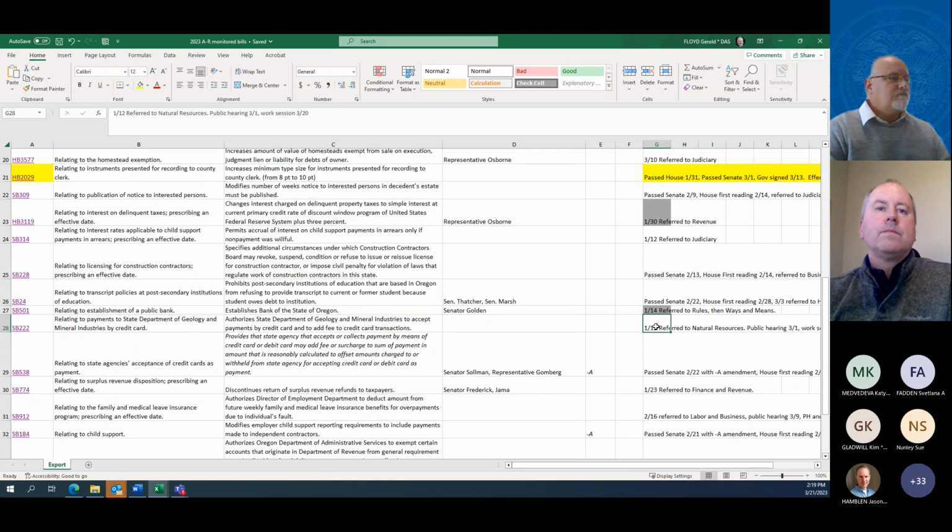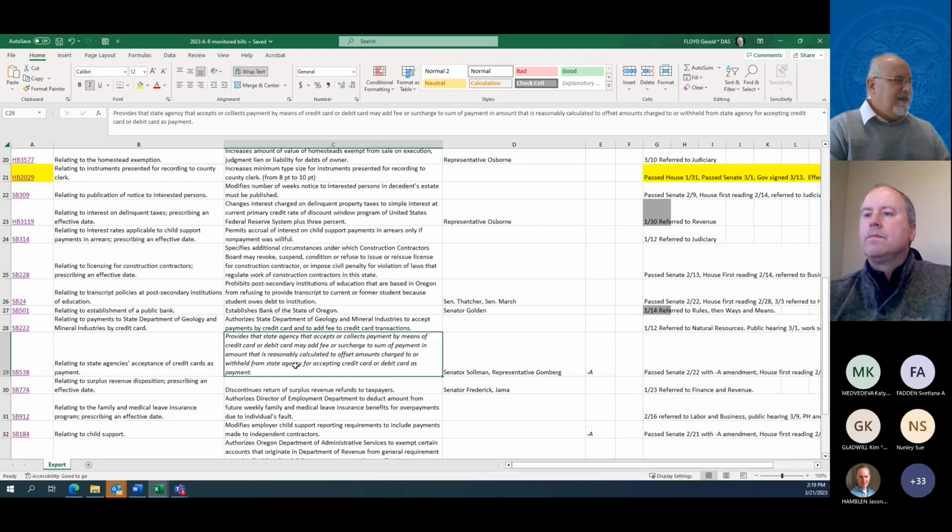And we saw a work session yesterday on the bill that would allow me to accept credit card payments. Similar to that bill, 538 has had a -A amendment and has passed the Senate with that -A amendment. The bill summary was that it authorized any state agency to accept credit cards.